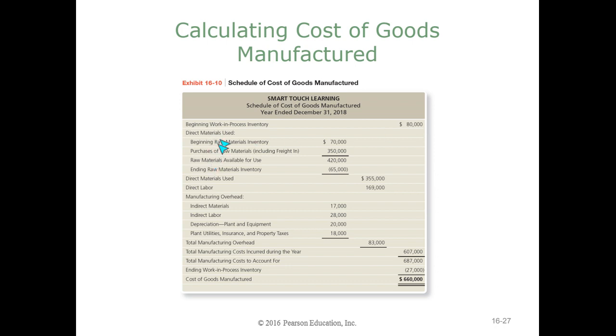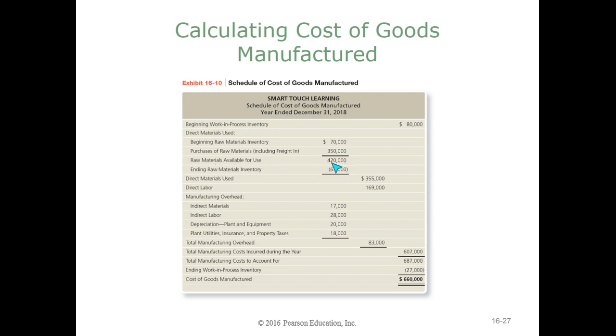And then you'll see here, these all should look familiar. So we've got indirect materials. We've got our beginning raw material inventory. We've got our purchases of raw materials. We're going to add that together to give us the raw materials that are available for use.